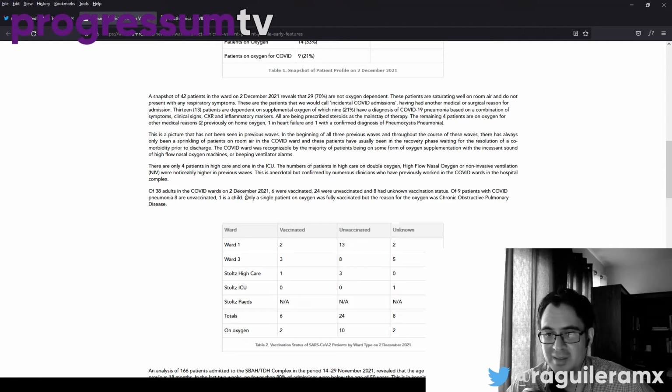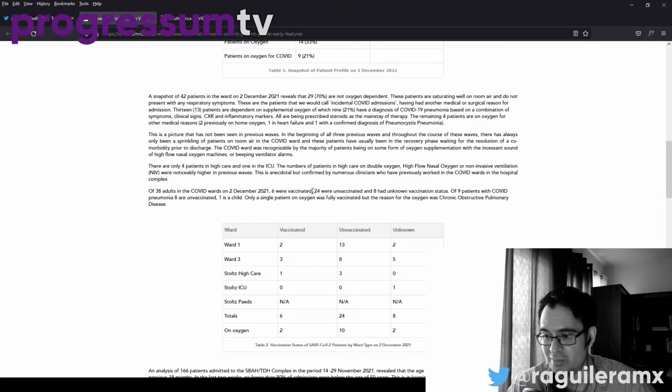So basically, only 1 vaccinated person needed oxygen. This is really good. And also, the fact that 24 of these people were unvaccinated and most of them didn't present a severe clinical picture, I think this is really good news.